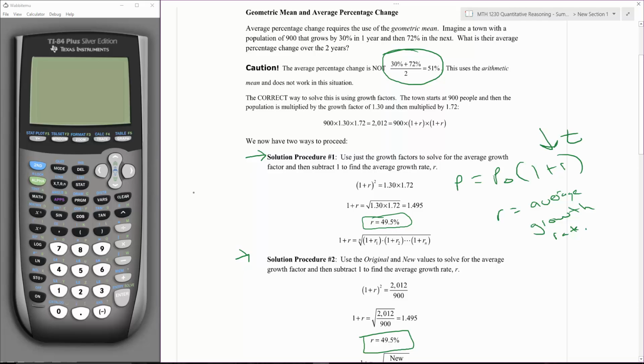Something to note: if I have something like x squared equals 25, and I want to get x by itself, I have to take the square root of both sides, and I get x equals positive or negative 5. If your power is even, you have plus or minus, and if it's odd, you just have whatever sign is over here.